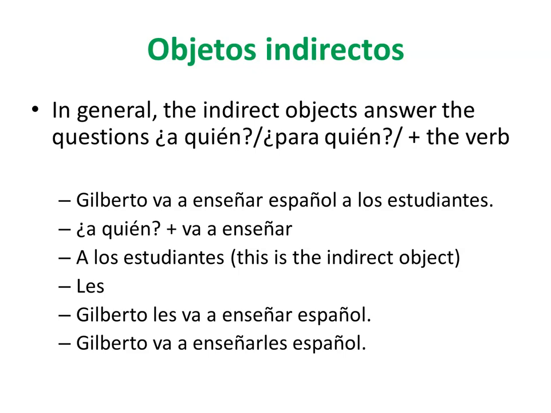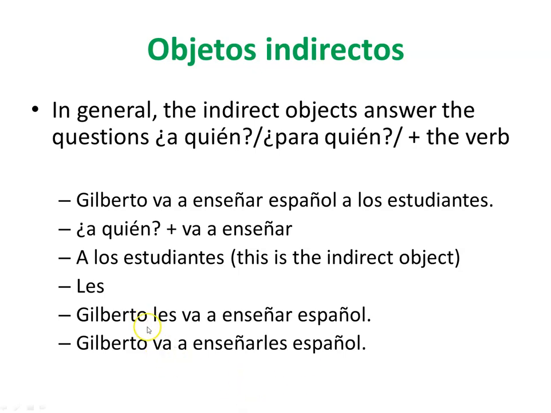As we already work on a sentence like this in objetos directos. So, my question here is going to be, ¿a quién? Because we need to replace objeto indirecto. ¿A quién va a enseñar? Oh, Gilberto va a enseñar a los estudiantes. ¿Ok? Este es nuestro objeto indirecto. ¿Ok? The same as the previous sentence.